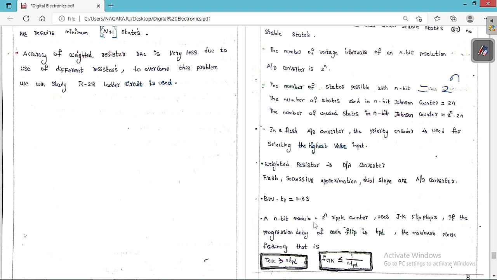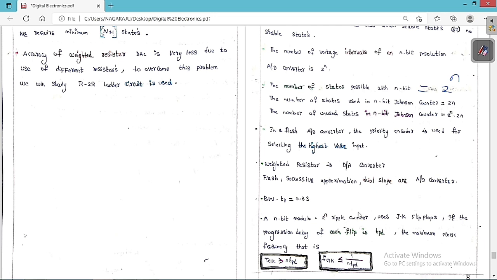And an n-bit modulo 2 to the power of n ripple counter uses JK flip-flops. If the propagation delay of each flip-flop is TPD, what is the maximum clock frequency? Here we are going to use the asynchronous ripple counter.